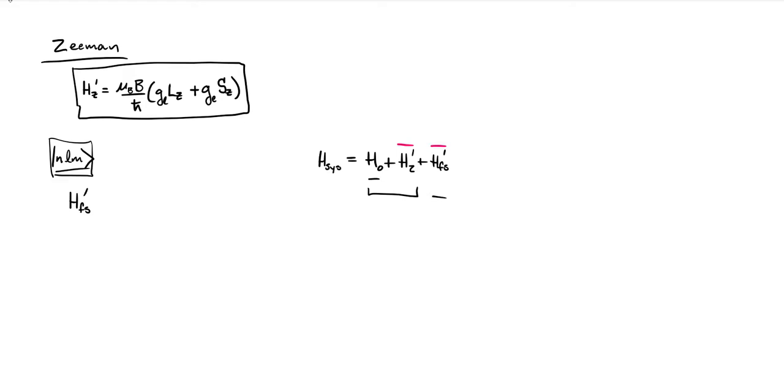And to answer that, it basically boils down to, which one's stronger, right? We treat perturbations as smaller modifications to a large zeroth order energy. We want to apply whichever one's larger first. And that's going to depend on essentially the strength of the magnetic field.